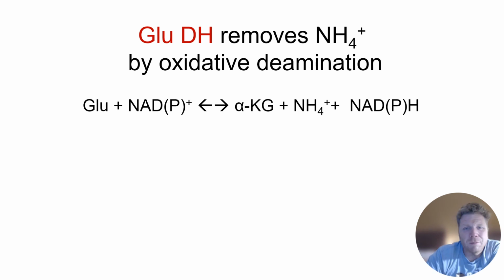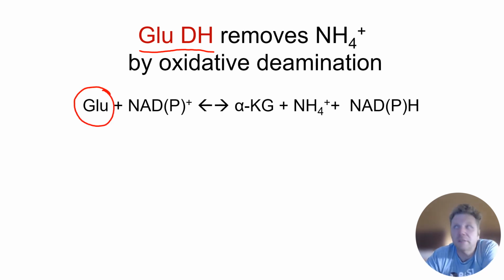So an enzyme known as glutamate dehydrogenase removes ammonium, or NH4, in a process known as oxidative deamination. What this is going to do is it's going to use the amino acid glutamate, which, if you remember, that's the amino acid that we were producing. Glutamate plus NADP+. Now, fair question, is this the oxidized or the reduced form? Well, this is our oxidized form.